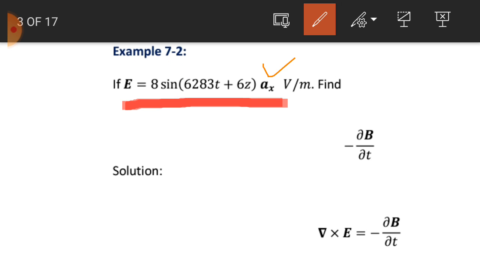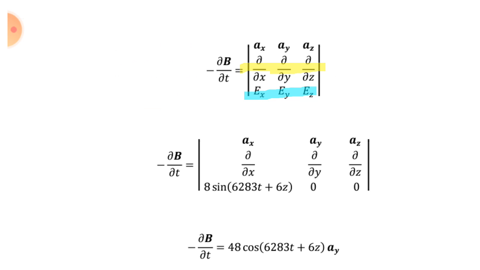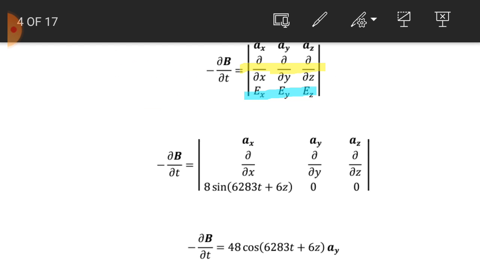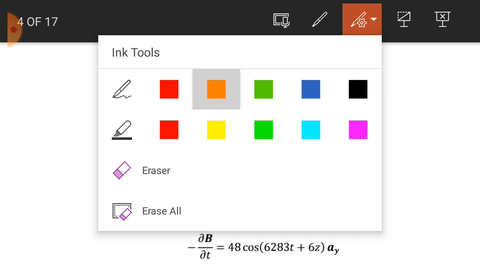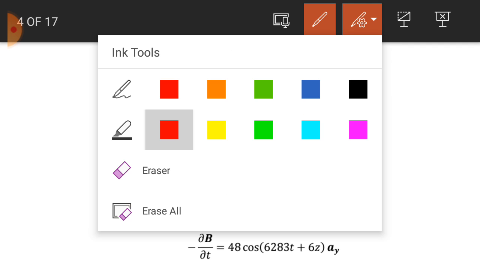The Y component of the electric field intensity is 0. The Z component is 0 as well.